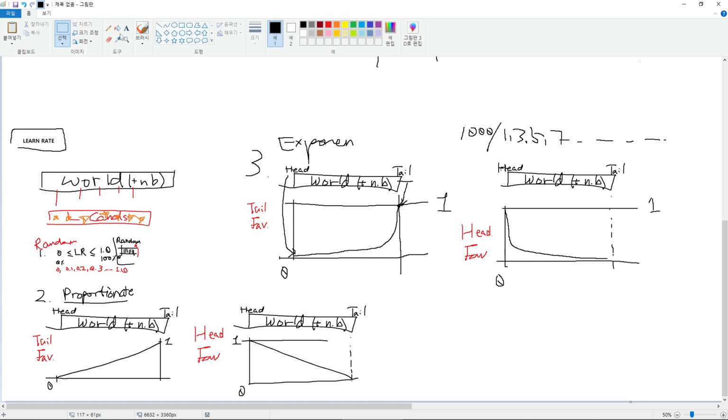So again, we have 1 doing it random, 2 ways of doing it proportionate, 2 ways of doing it exponential. And again, the last one, normal distribution. So we have the world here again, and we have the head entity, we have the tail entity, but it's important to keep in mind that the head isn't really the head.